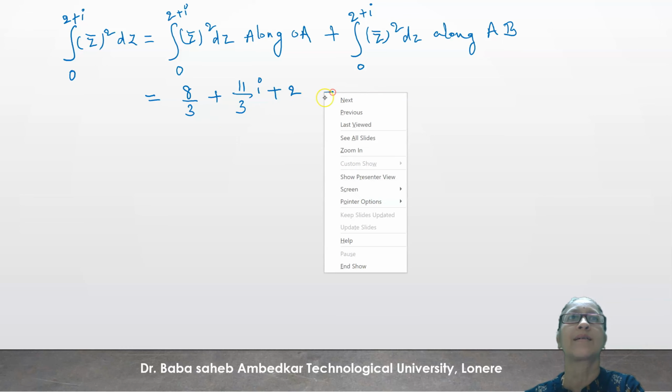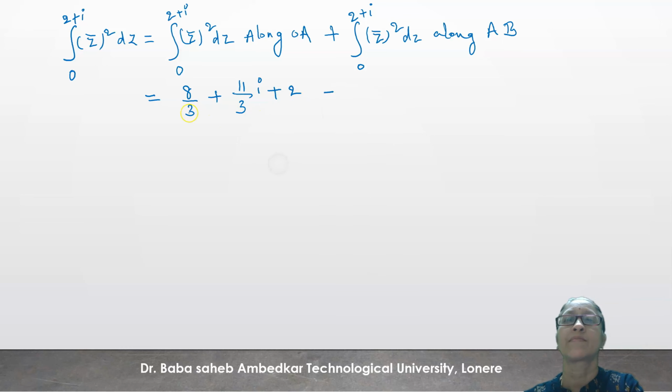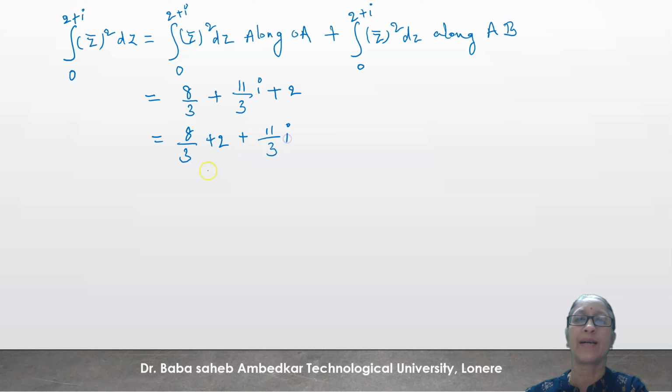Now this is nothing but 8 plus 2. Here you have to add real parts and you have to add imaginary parts. So this is equal to 8 by 3 plus 2 plus 11 by 3 i.